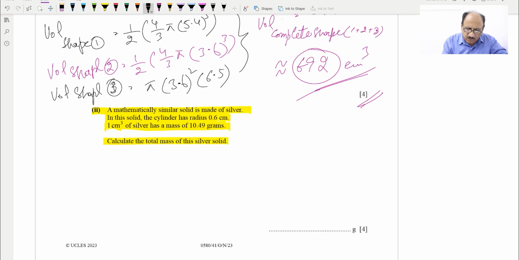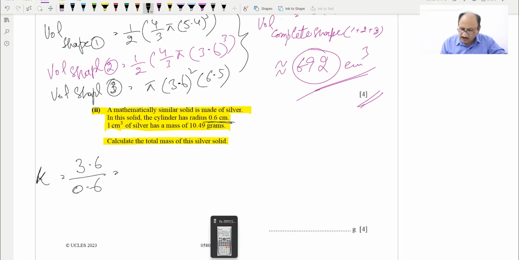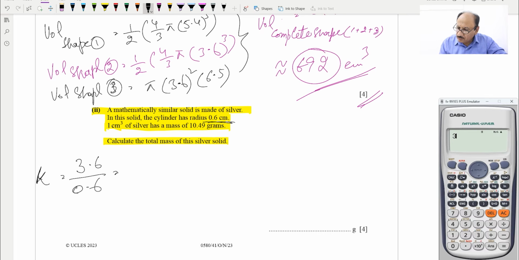In this solid, the cylinder has a radius of 0.6. So the radius for our shape is 3.6, and we will divide it by 0.6, and this will be the ratio k, and this will be equal to 3.6 over 0.6, and this is equal to 6.